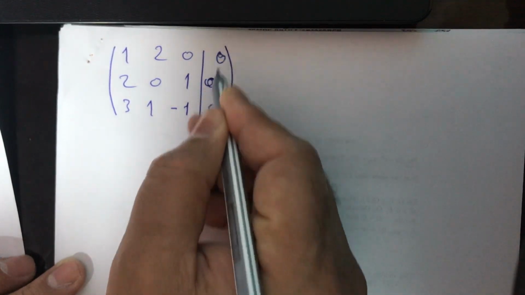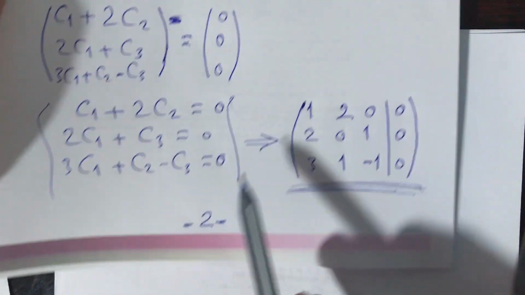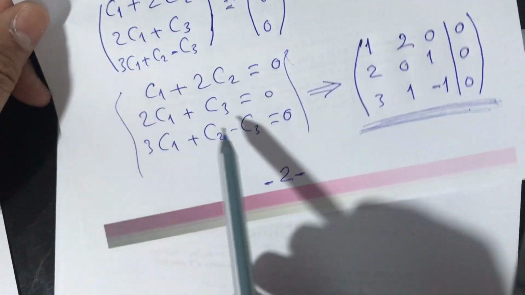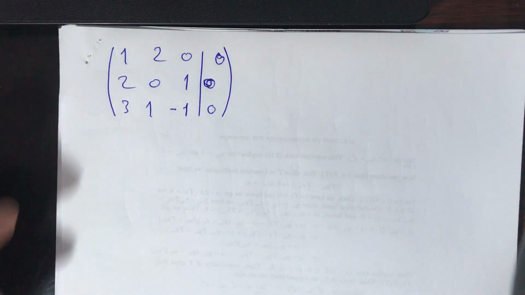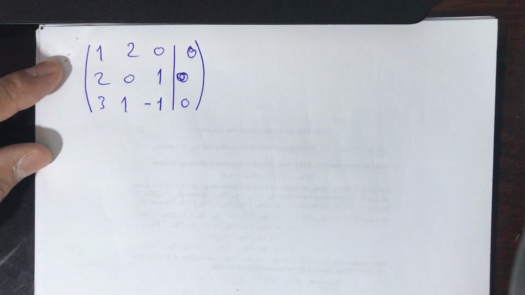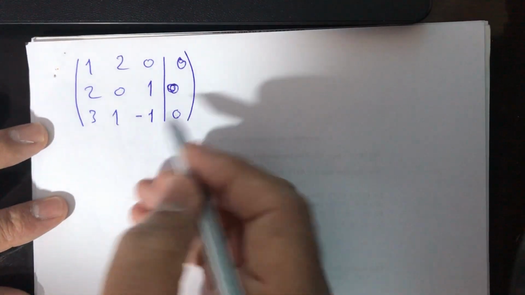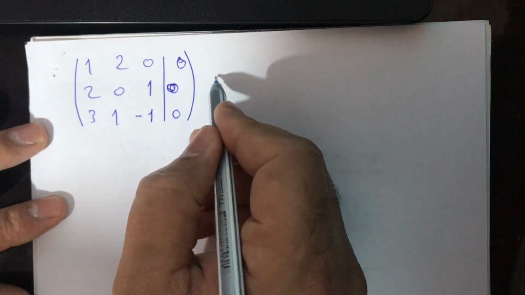Try to solve the system to find C1, C2, C3. If we solve this system, that means we find the values of C1, C2, C3. So now we can do it by the Gauss-Jordan method.